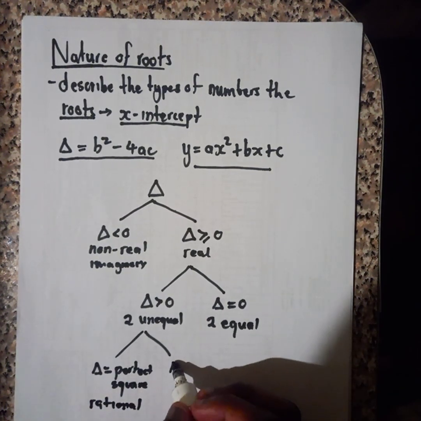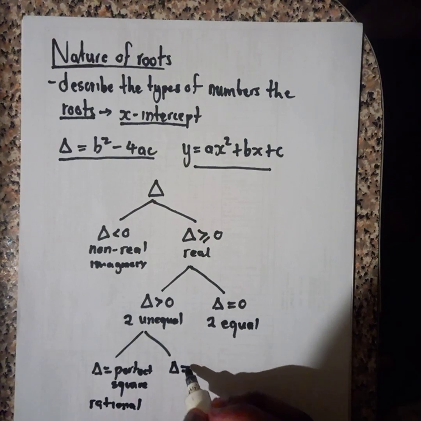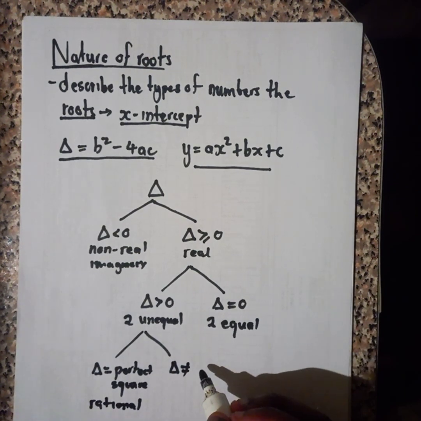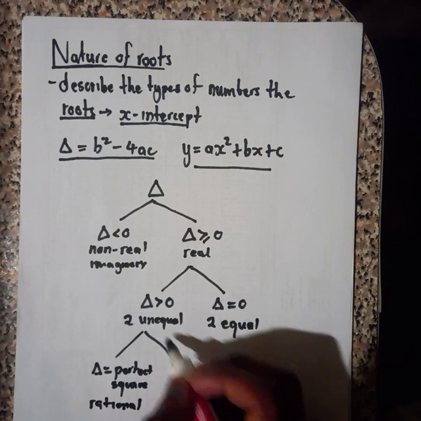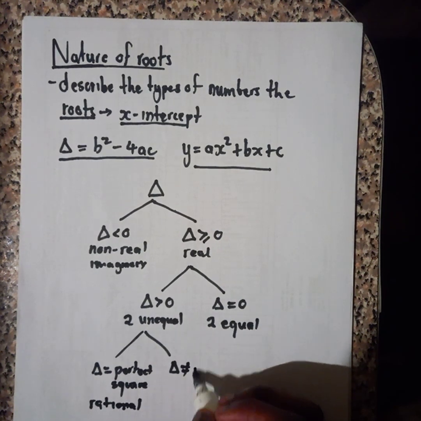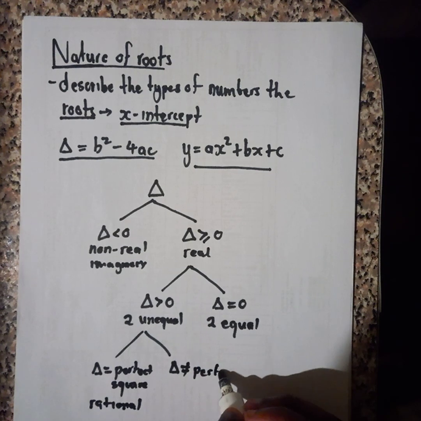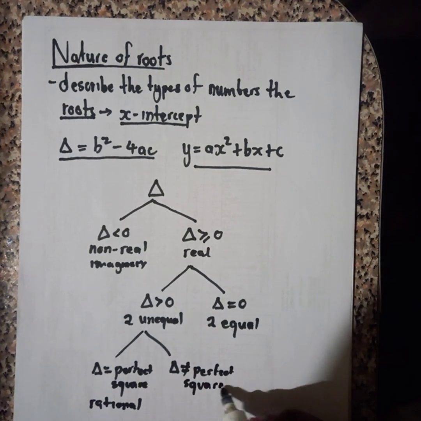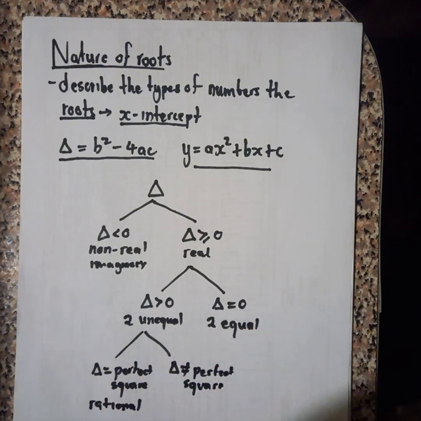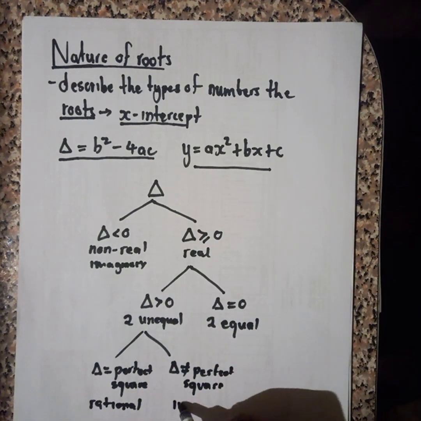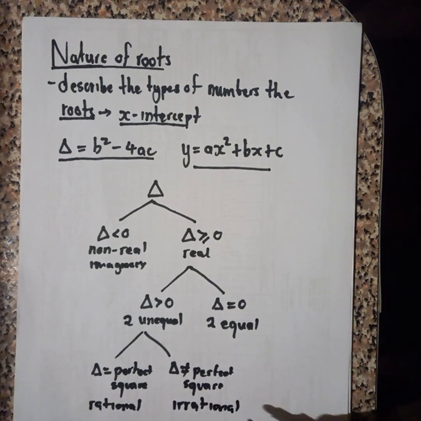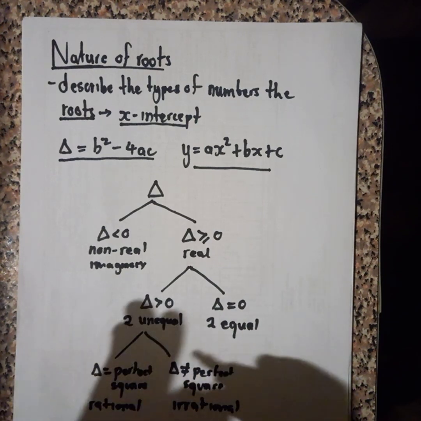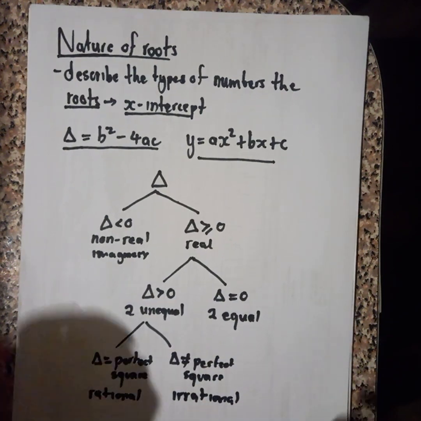But whenever we get a number which is not a perfect square, we say such roots are irrational.